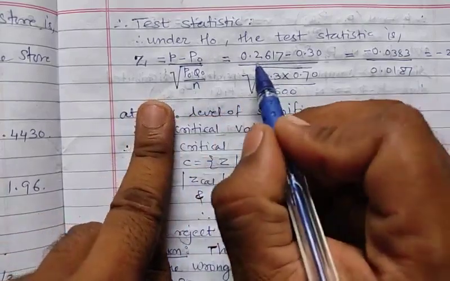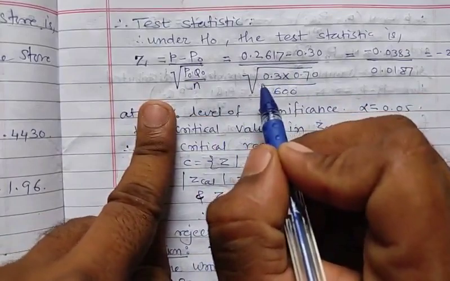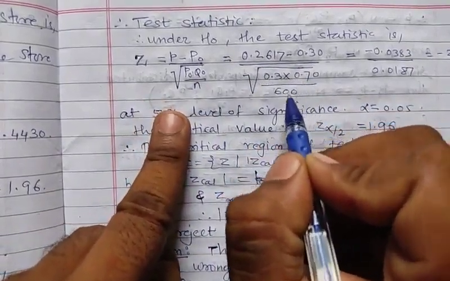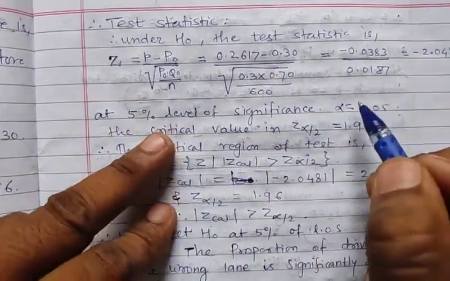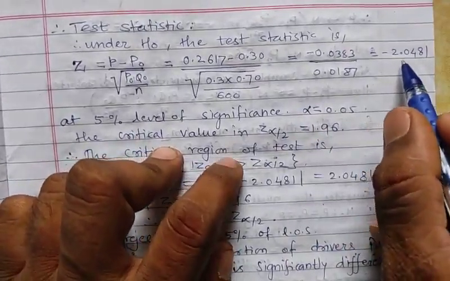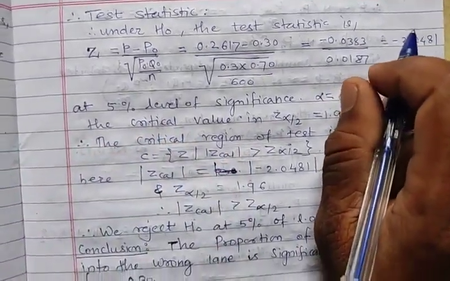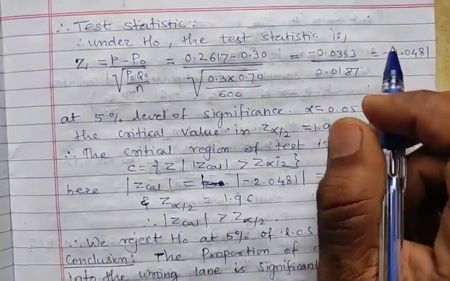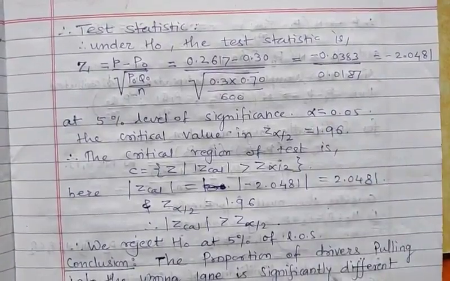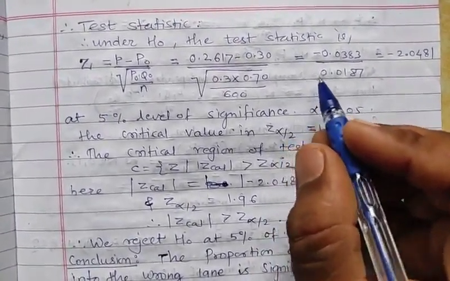Substituting values: 0.2617 minus 0.30 upon under root 0.30 into 0.70 upon 600. So after calculating it, we get the answer finally minus 2.0481. So we check the result. We test H0, which is P is equal to P naught, against H1, which is P is not equal to P naught.